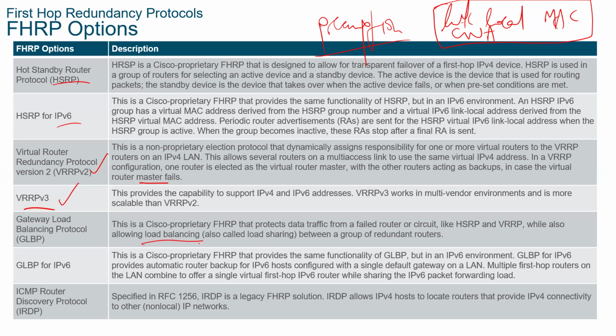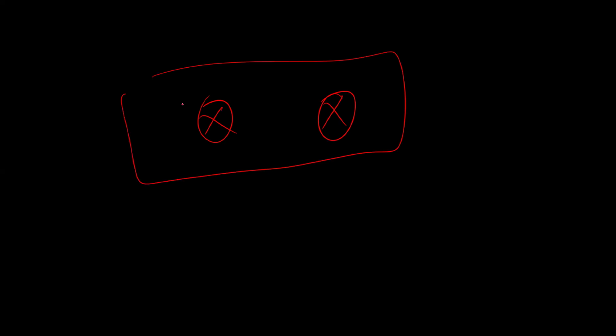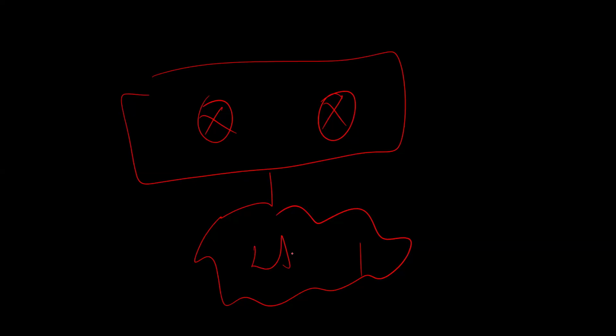Right. I think when we discussed EtherChannel, we talked of load balancing. In this case, two or more routers are in a group. Let's just have a LAN here.